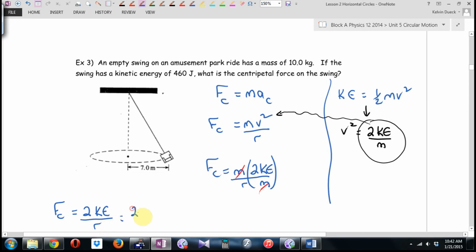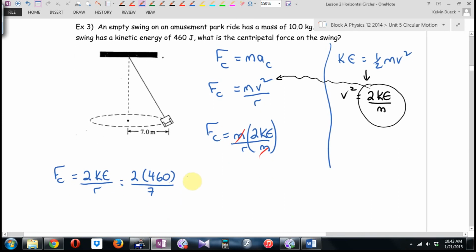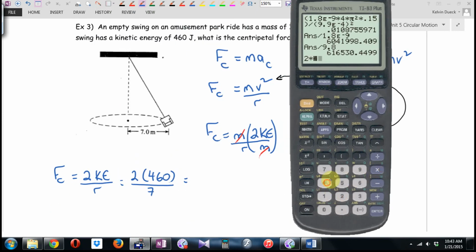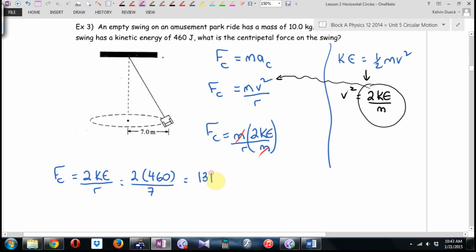It's going to be 2 times 460 divided by 7. Centripetal force, 131 newtons.